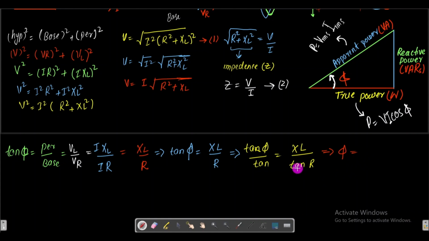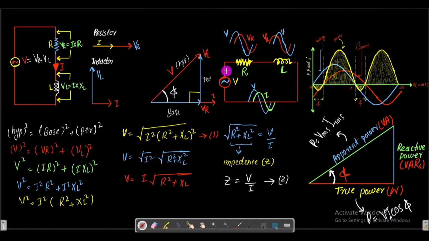When the tan goes to the other side, it becomes tan inverse of XL by R. This is the final equation for phi, the phase difference between VL, the inductive reactance voltage, and the voltage across the resistor. This is the phase difference between them.